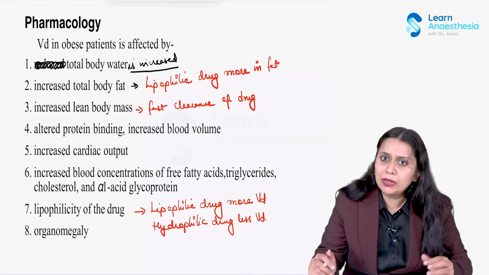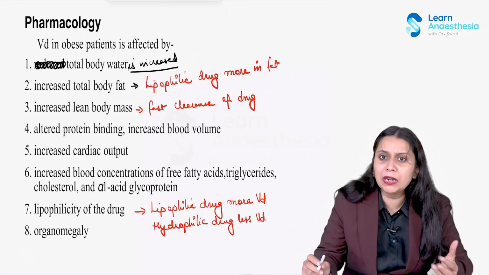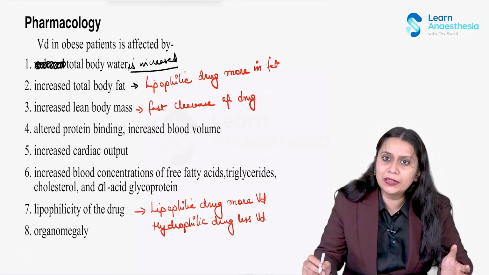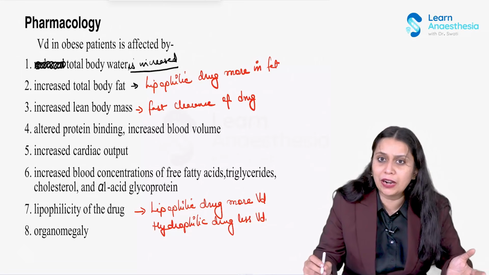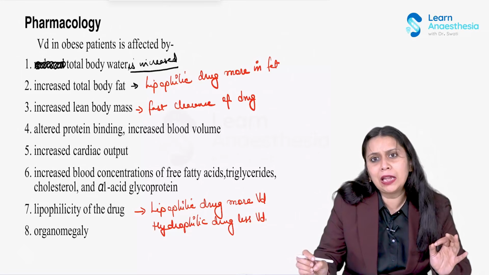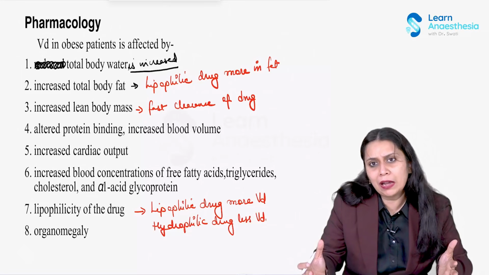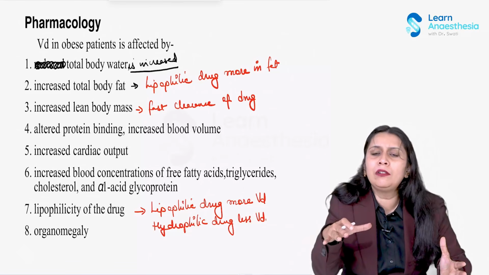They will get stored in the fat, so the metabolism of these drugs would be affected, and there would be delayed offset and delayed recovery from fat-soluble agents like opioids. Fentanyl, remifentanil and the like are highly lipophilic and may get stored in the fat.